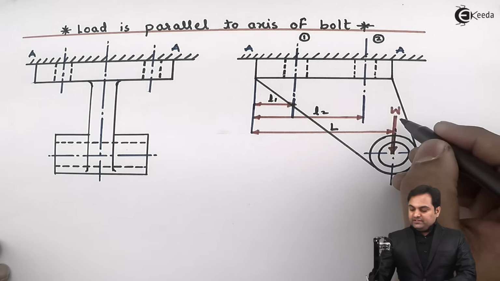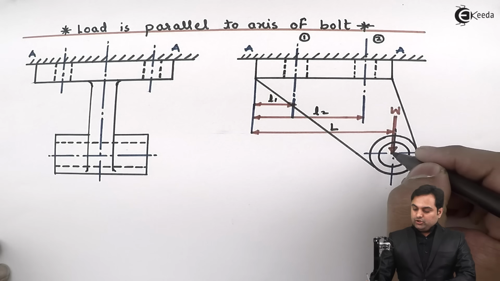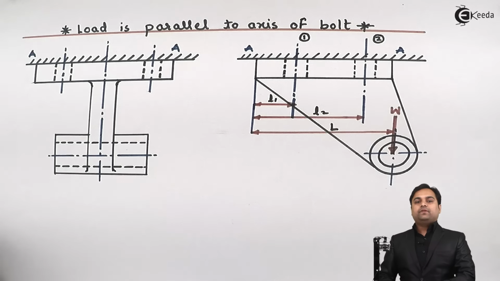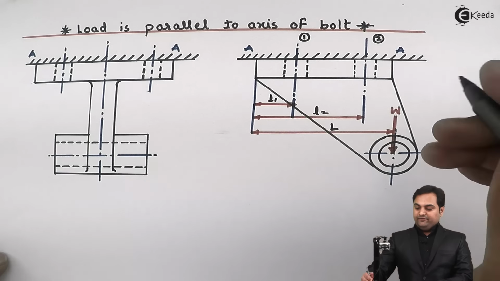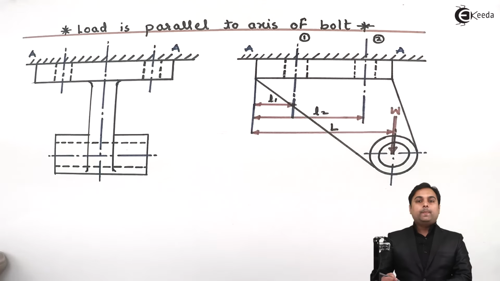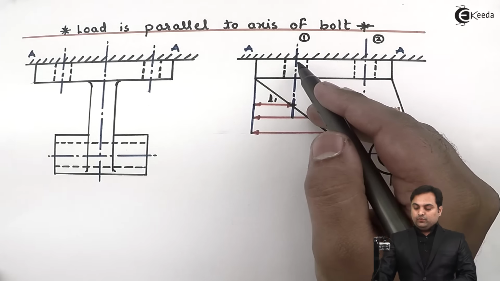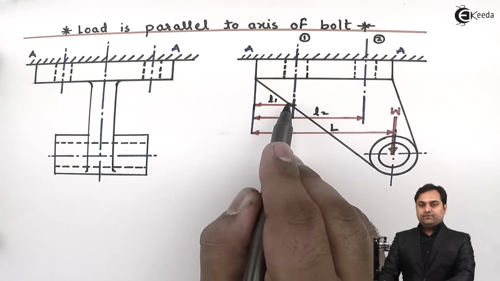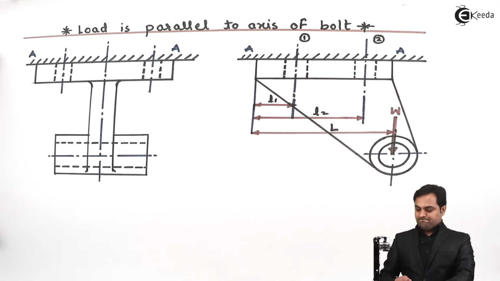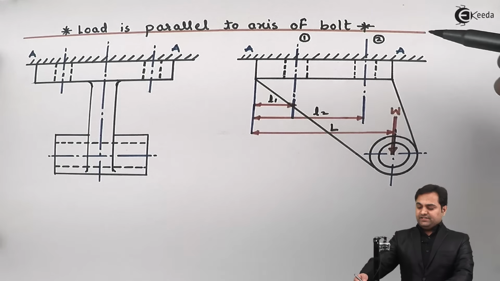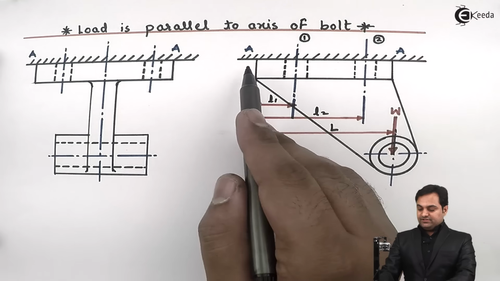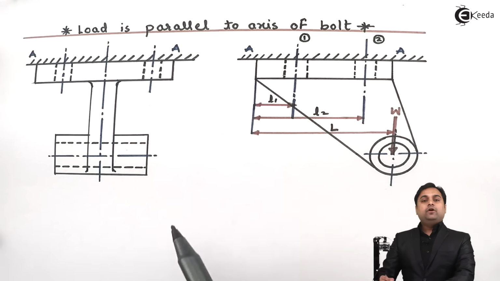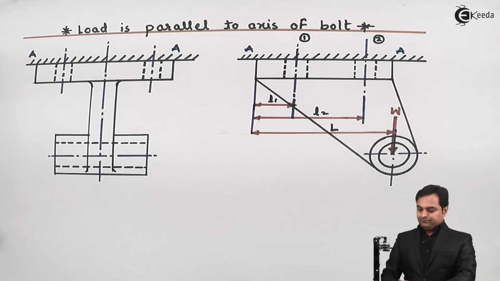Next, when this load acts on the bracket, there are chances of this bracket to move down. Here I have two center lines 1 and 2. At center line 1, the distance is L1 from the fixed point A. Next, center line 2 has distance L2 from the fixed point A, or we can say the fixed edge.